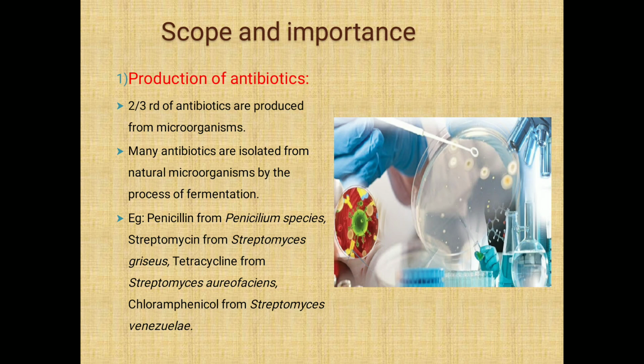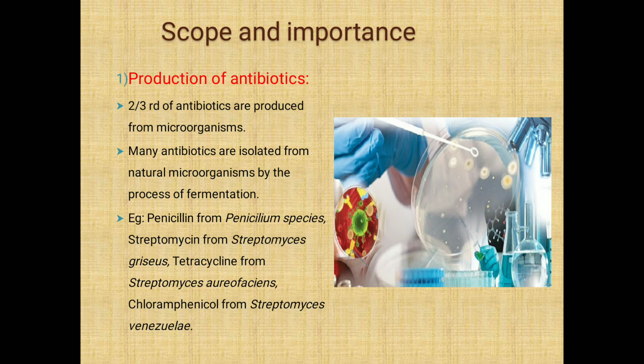Firstly, we will see how microorganisms are beneficial. We already discussed that microorganisms are used for production of various useful compounds, for example antibiotics, vitamins, alcoholic beverages, enzymes, and various organic acids, by the process of fermentation. So these are the beneficial roles.